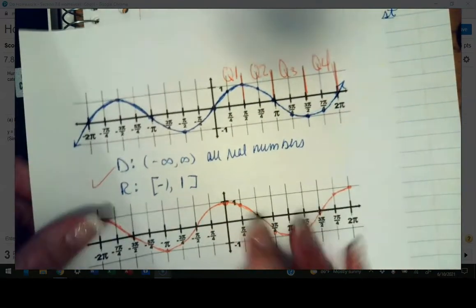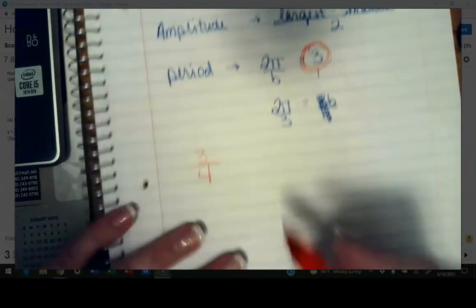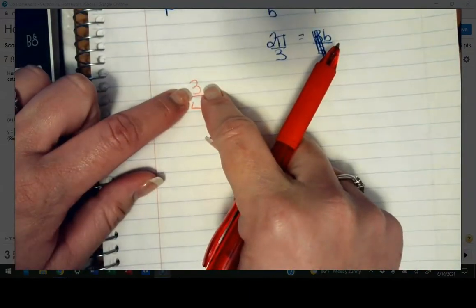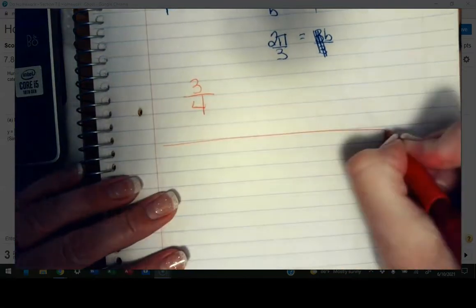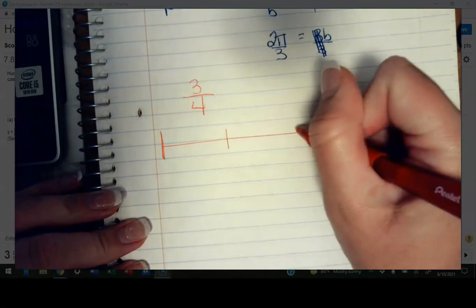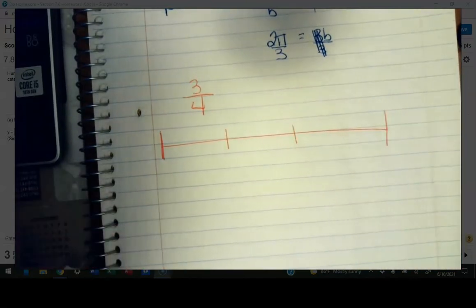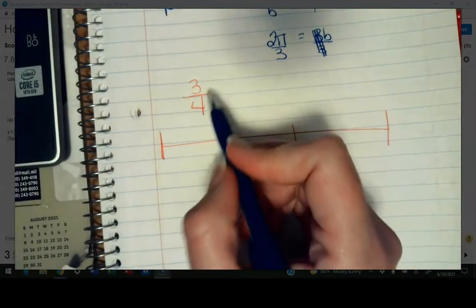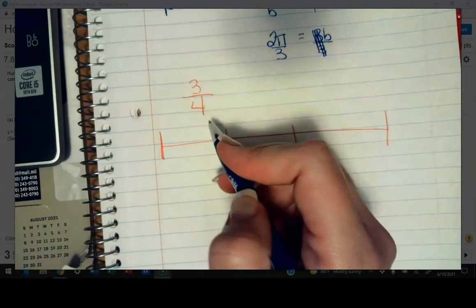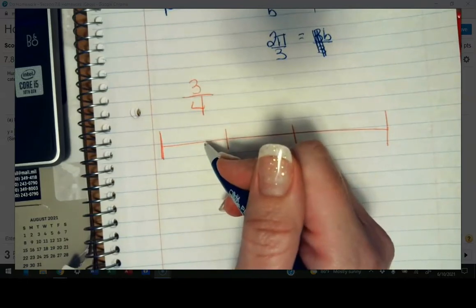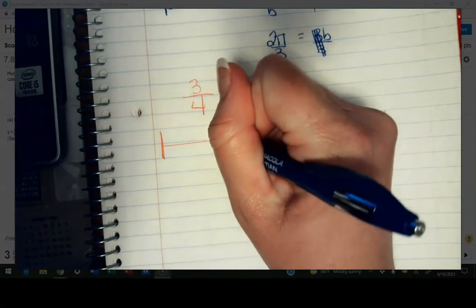I need to take the period that I have, that is 3, and divide it into equal parts of 4. I've got 1, 2, 3, but I'm going to divide that into fourths, which is awfully convenient because each portion will be 3/4. So I've got 3/4 to here.